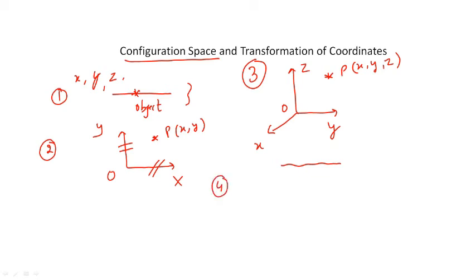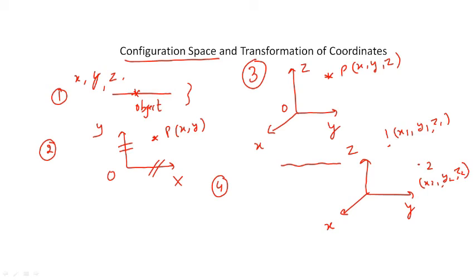Now suppose there are two particles in three-dimensional space. This is the x-axis, this is the y-axis, and this is the z-axis. This is point 1 and this is point 2. Let us say point 1 has the coordinates x1, y1, z1, and point 2 has the coordinates x2, y2 and z2.